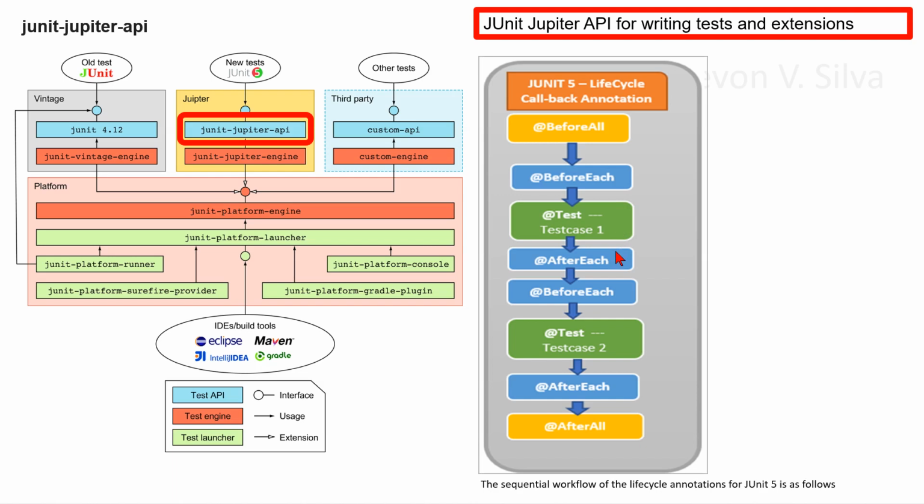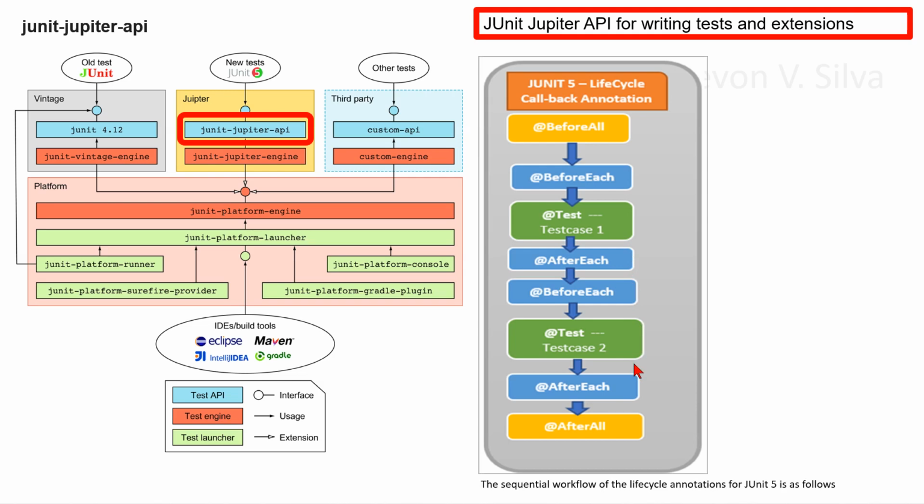Step 3, the method test case 1 annotated with @Test is the test case in the class. Step 4, the method annotated with @AfterEach runs after test case 1 completes execution. Step 5, the method annotated with @BeforeEach executes before test case 2 begins.